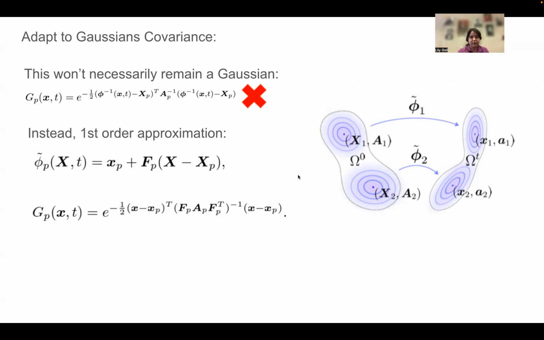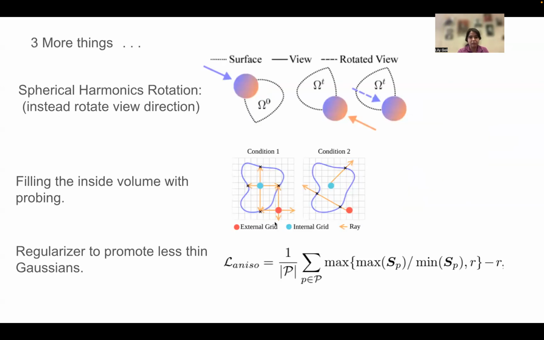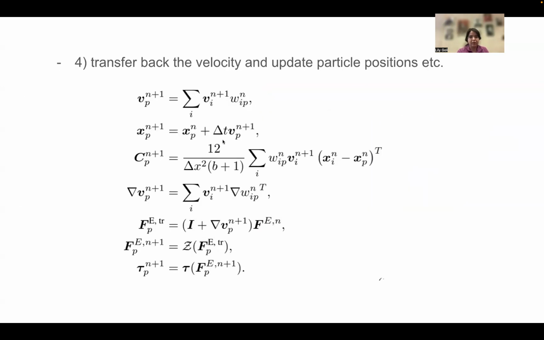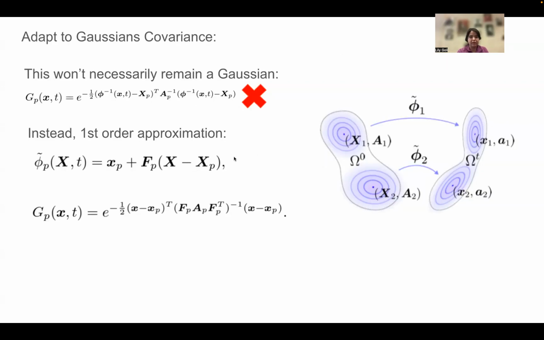So till now it's mostly like you have a point cloud and you're just deforming the point cloud. It's not doing anything for the Gaussians. So to account for that, they say that if we apply the deformation function that we found so far to the points, the inverse of it, the function that we get would not necessarily be a Gaussian with respect to x anymore.